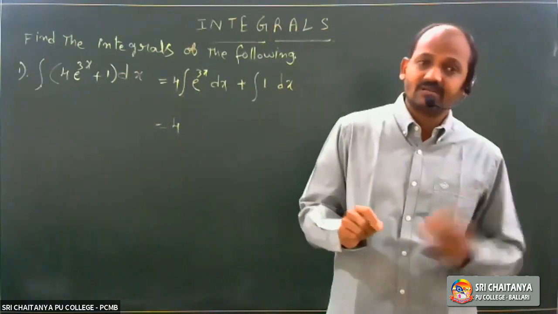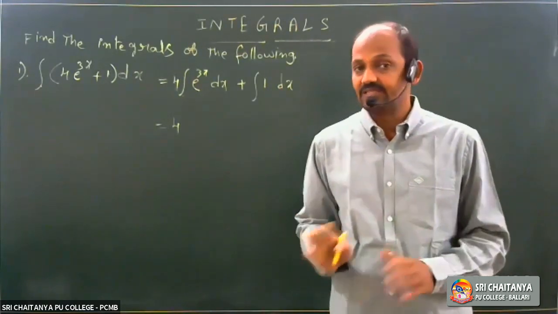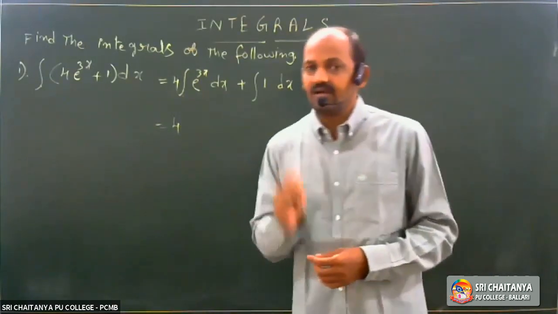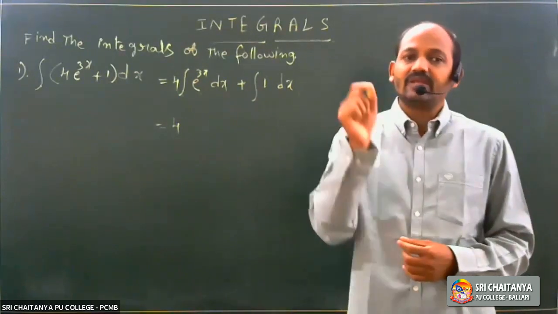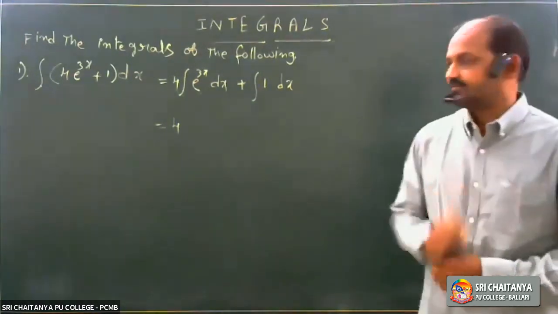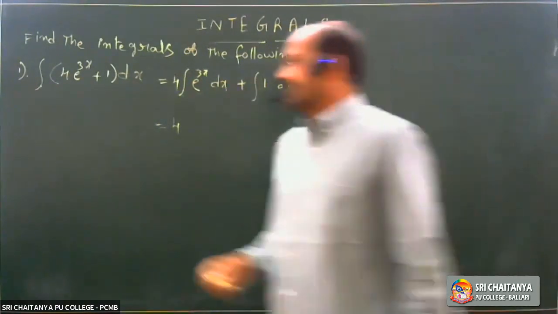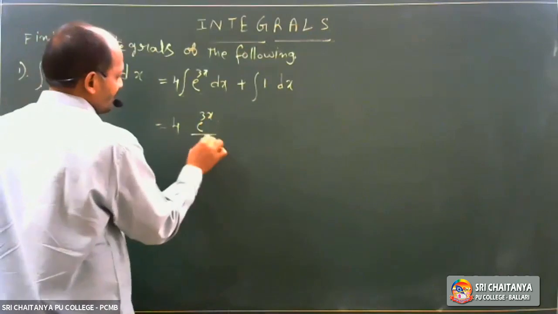The differentiation gives a into e power ax, so the integration is divided by a. So the integral of e power 3x dx is e power 3x divided by 3.